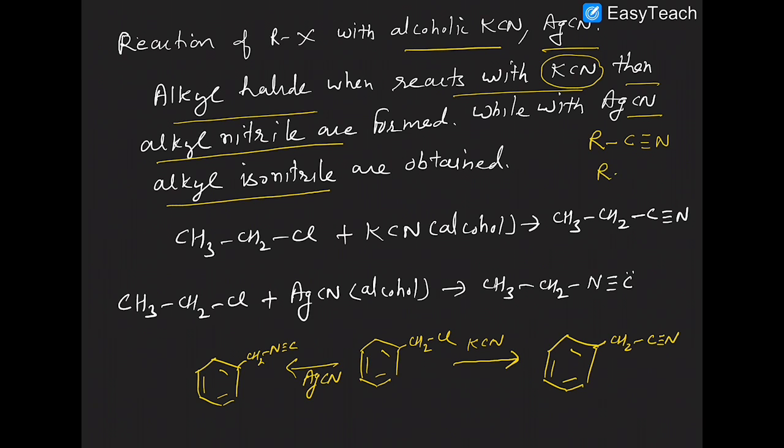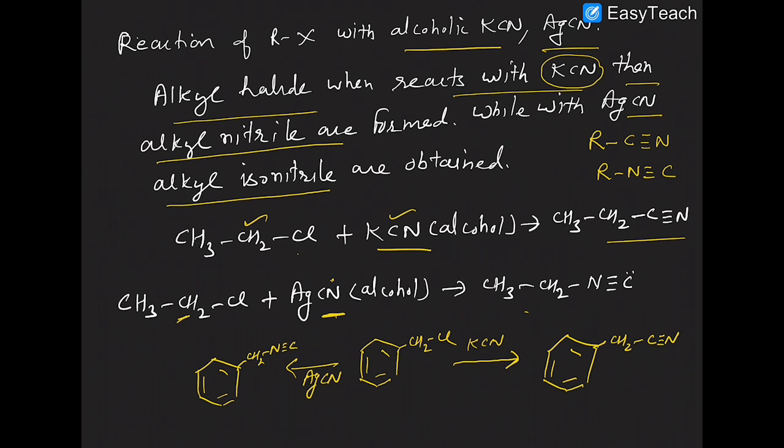Isonitrile means a bond between carbon and nitrogen will happen. Okay, so look at that. When it reacts with KCN, this carbon and this carbon will form the bond. So a carbon bond will be formed, and if you take AgCN, then nitrogen will attach to this carbon.